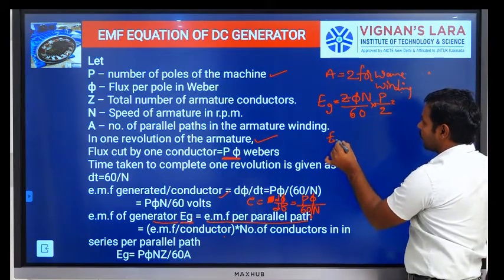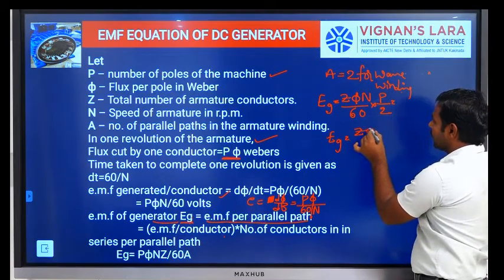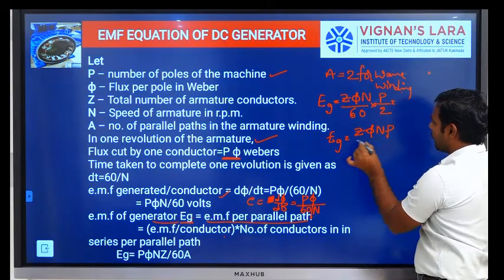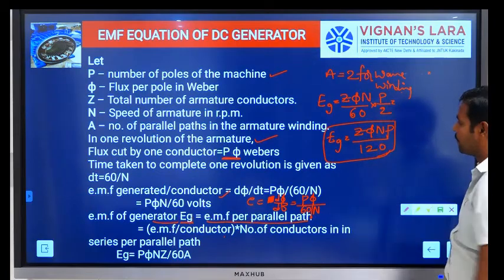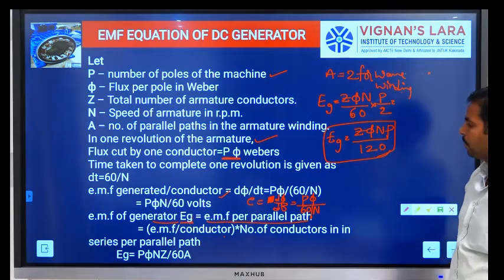So this is equal to Z into phi into N into P divided by 120. This is the final equation of generated voltage for wave winding.